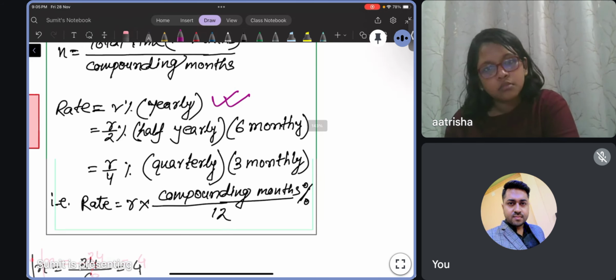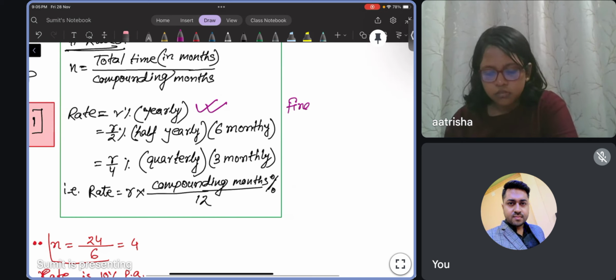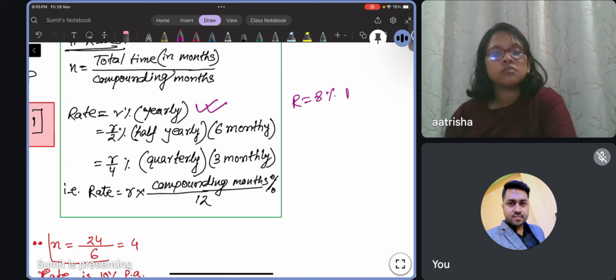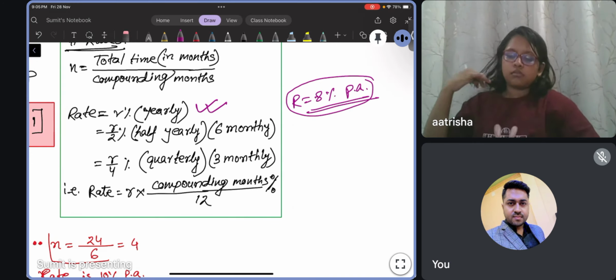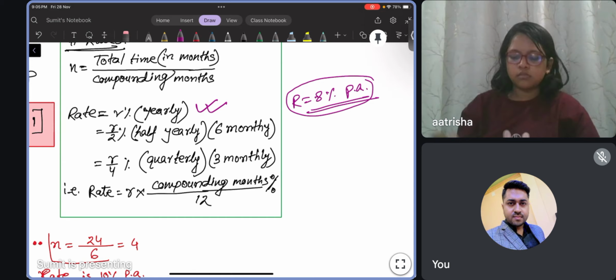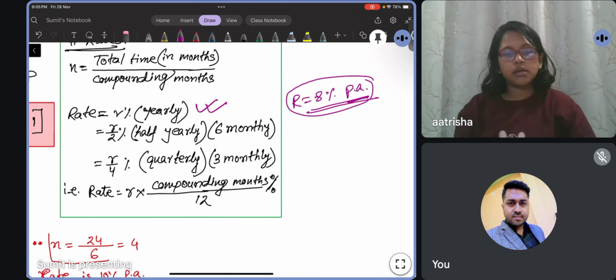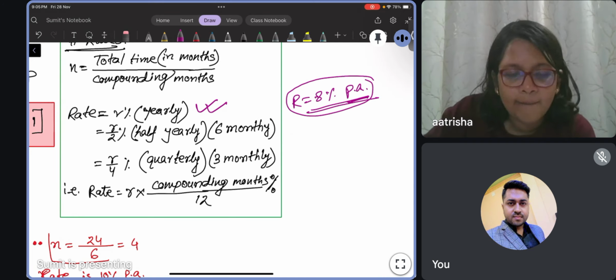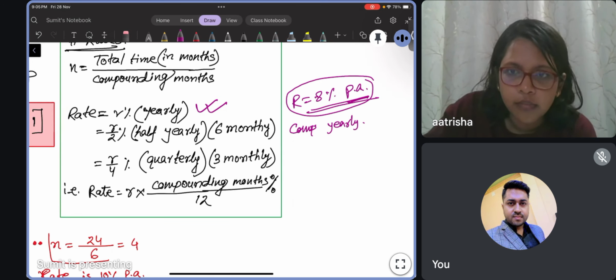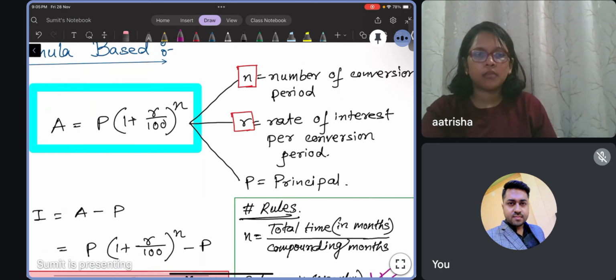For example, if it says find CI and the rate is given, rate R will always be given like 8% per annum. You will see that in your book, R equal to 8% PA or per annum will be given. Per annum means per annually, correct? So whatever the rate will be given, if it says that CI is paying compounded yearly, then you will take R to use the formula.